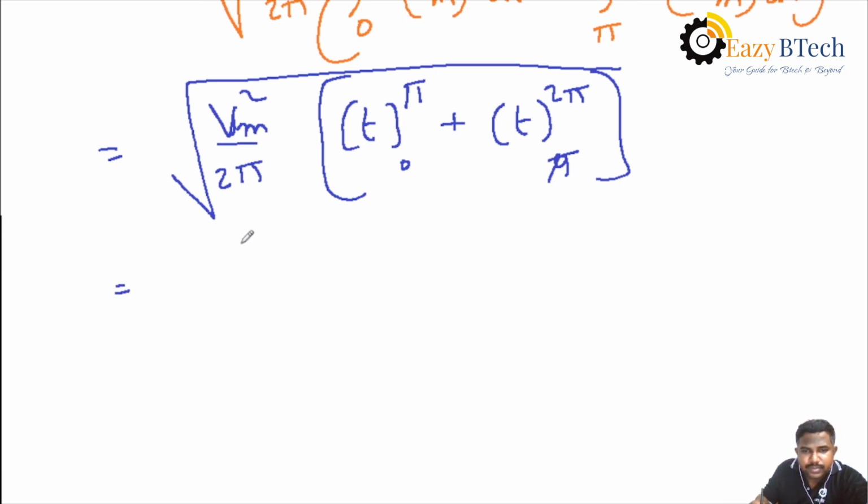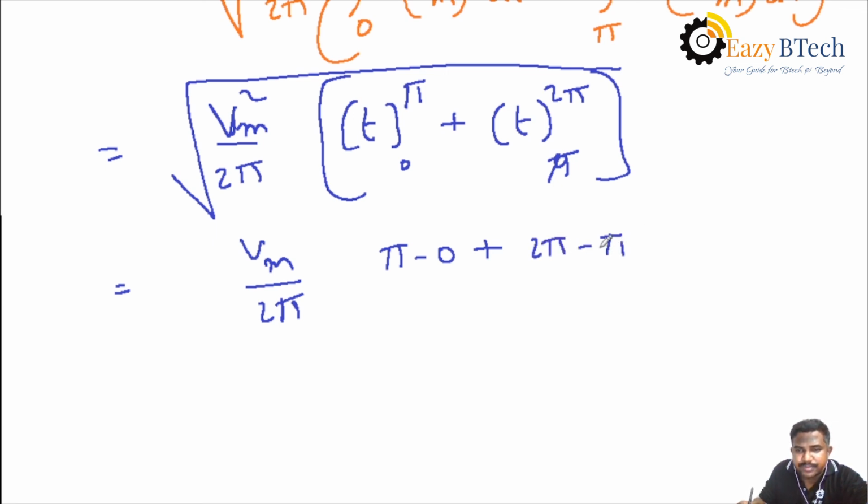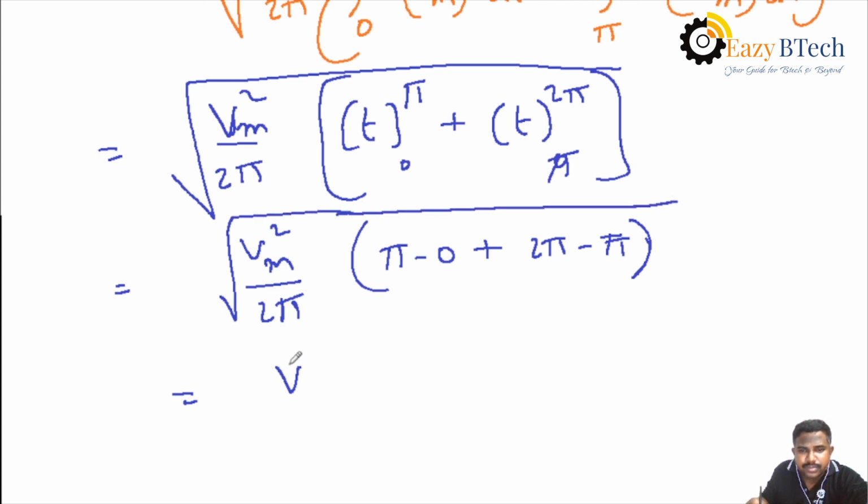Then similarly, Vm square by 2 pi, apply the limits: pi minus 0 plus 2 pi minus pi. Here 2 pi minus pi, pi plus pi, 2 pi. Then the whole term will be cancelled, that is Vm square. The RMS value for the square waveform will be Vm. 2 pi is cancelled, numerator and denominator.